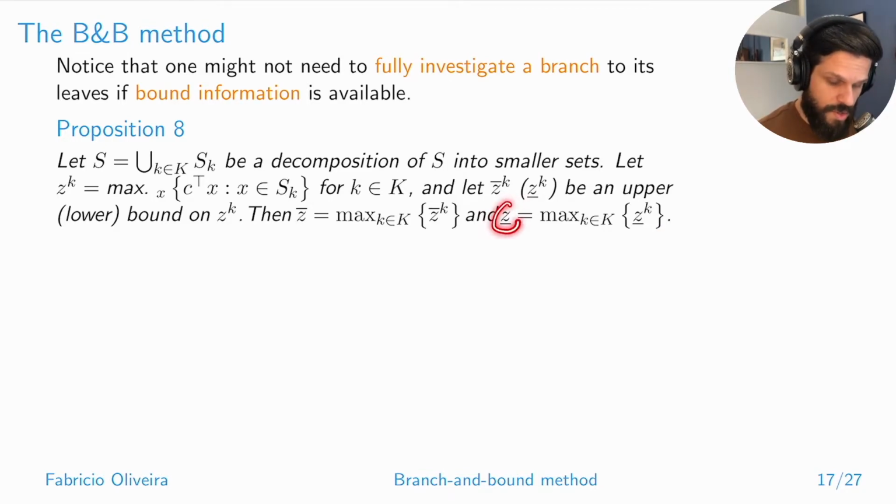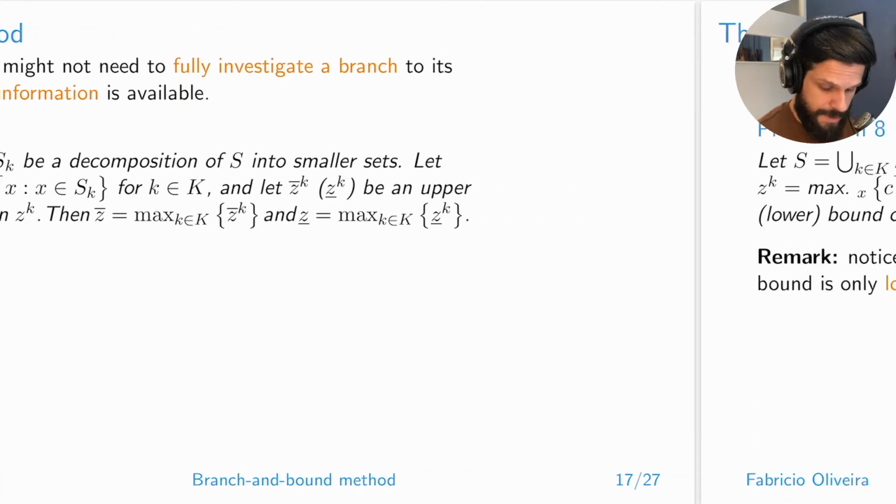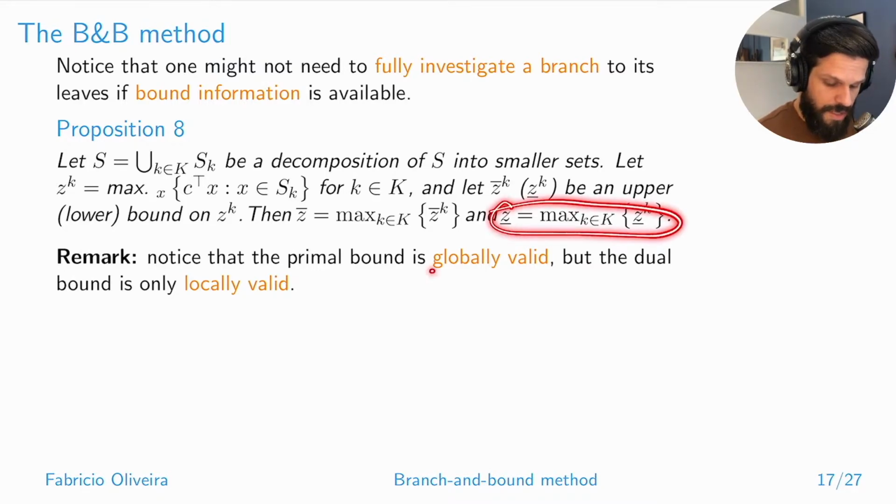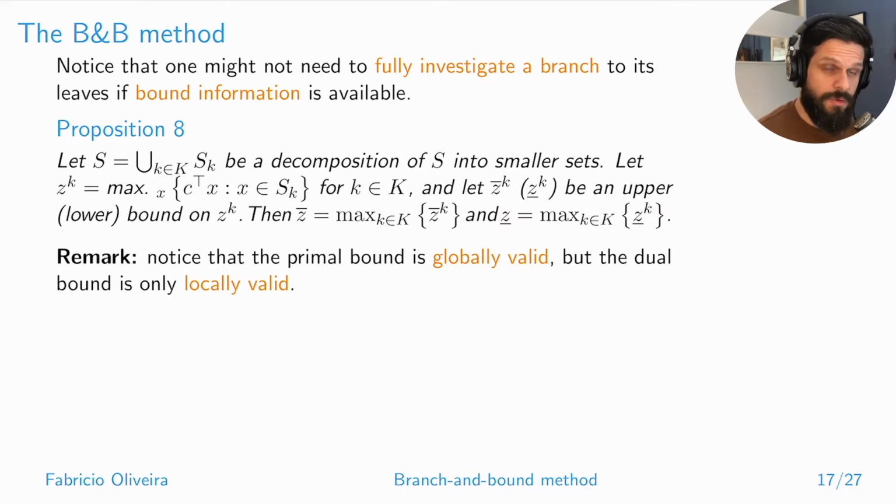And once you have this global bound available, you have a really powerful measurement that allows you to look at further branches and decide whether it's worth carrying on searching there or not. We'll get to this in a second. But the reason why lower bounds in this case are valid globally is because they are primal feasible. So they are feasible values for S. So they work for everyone.